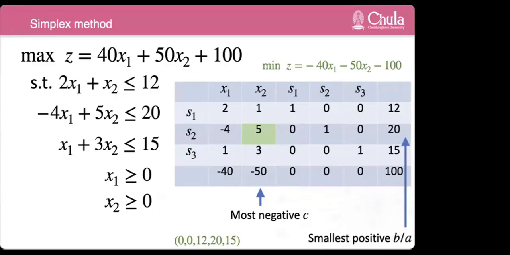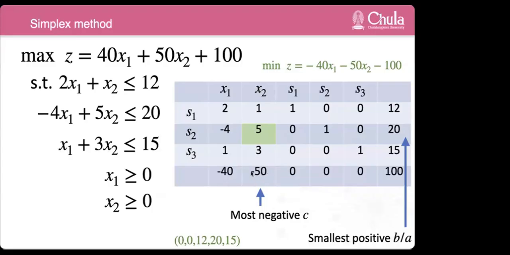We should increase x2, because if we increase x2, we can lower the objective function. x1 is also right, but 1 unit of x1 reduces 40, while 1 unit of x2 reduces 50. So we choose x2 to increase. You look for the coefficient which is the most negative one.